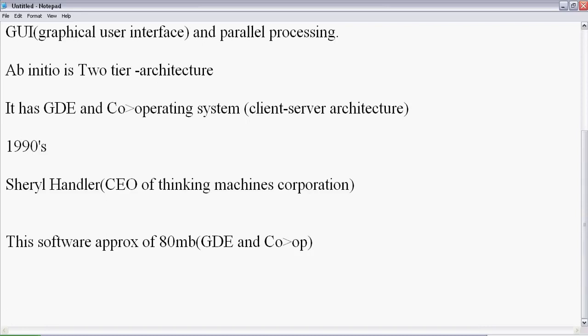Now let's talk about GDE. GDE is a graphical development environment where you will work.